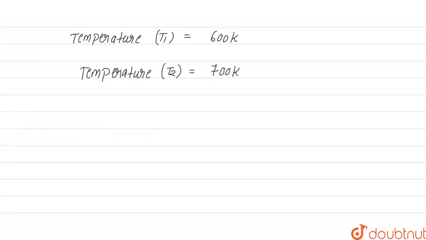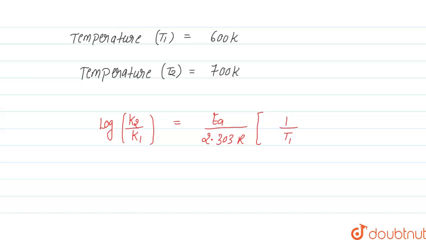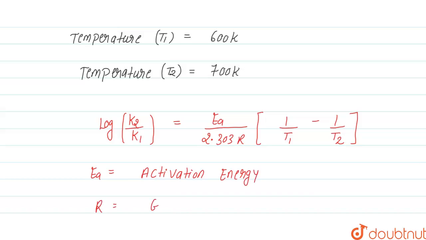So the relation, according to the Arrhenius equation, is log K2 by K1 equals Ea upon 2.303 R into (1 upon T1 minus 1 upon T2), where Ea is our activation energy and R is the universal gas constant, whose value is 8.314 joule per mole Kelvin.